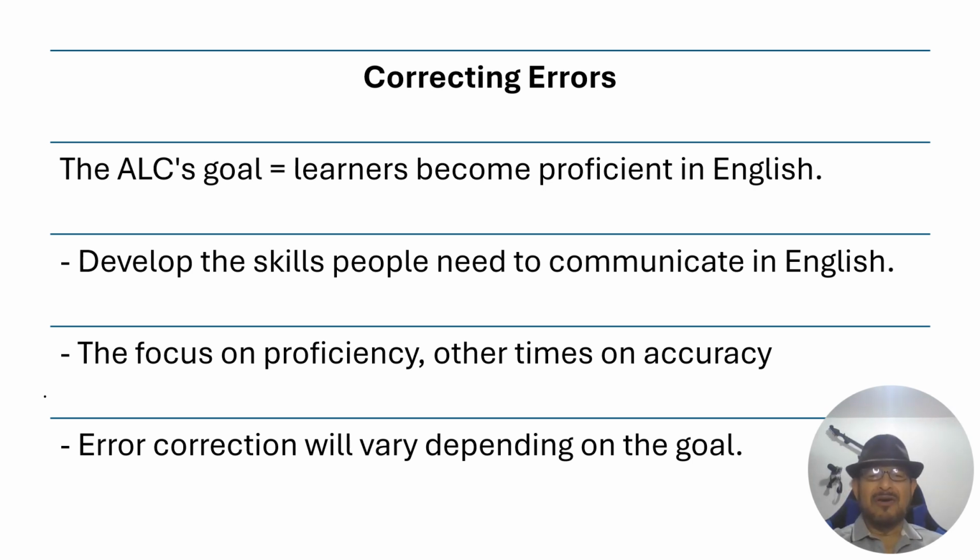Well, correcting errors. Let's see. The ALC goal is to help language learners become proficient in English. In other words, the aim is to develop the skills people need to communicate effectively and comfortably in English. In order to develop these abilities, there will be times when the focus needs to be on proficiency, that's the ability to communicate ideas fluently.